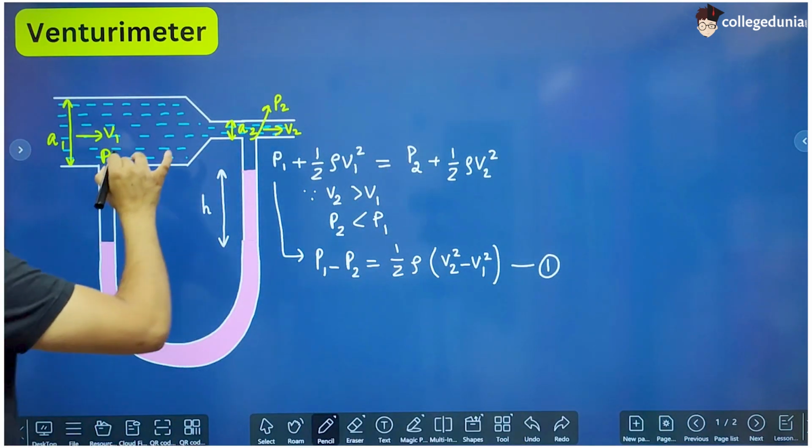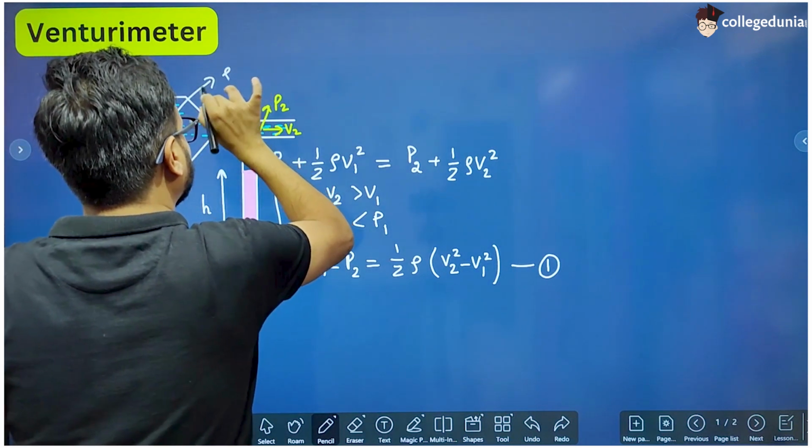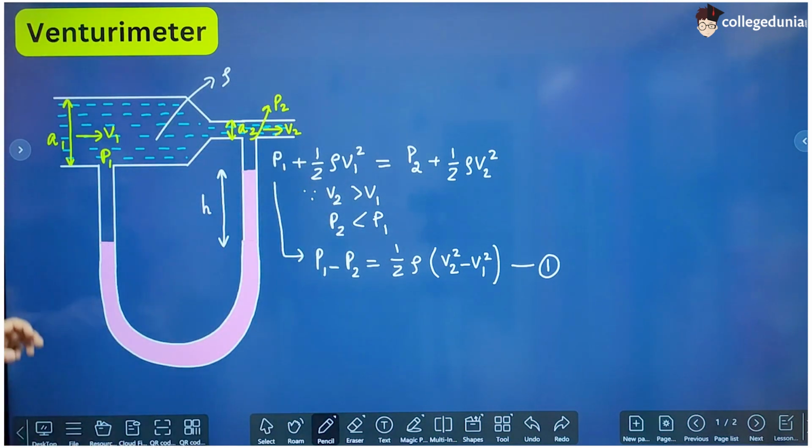Also, now let us say the density of the liquid which is flowing in this tube, whose rate of flow we are measuring, is rho, and let us say the density of the liquid in this U-tube is rho m, right?